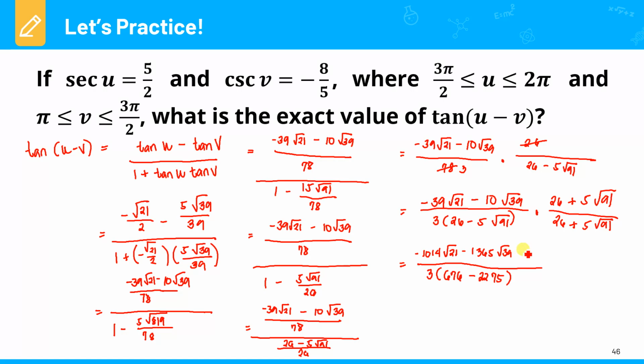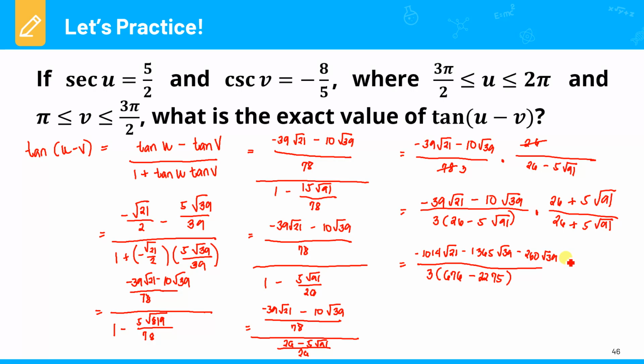Then you have negative 10 square root of 39 times 26. That's equal to 260 square root of 39. And then the last one is negative 10 square root of 39 times 5 square root of 91.